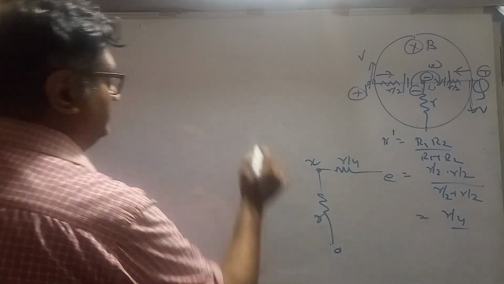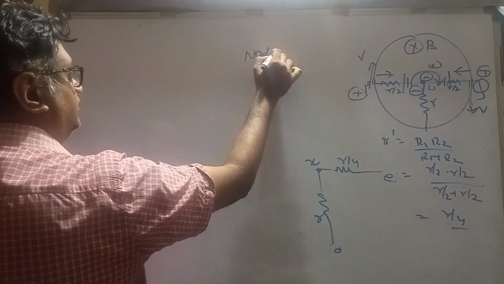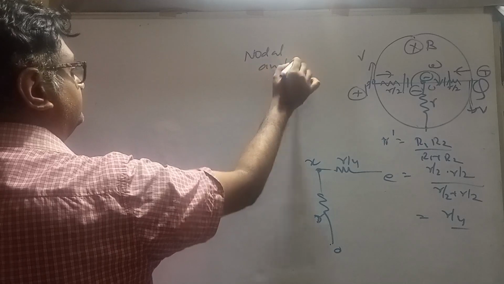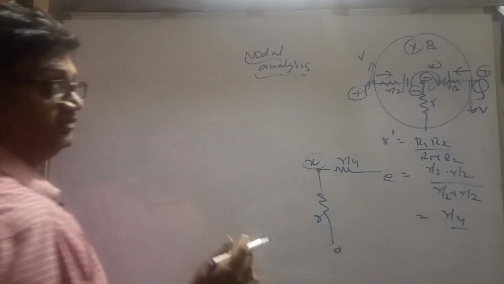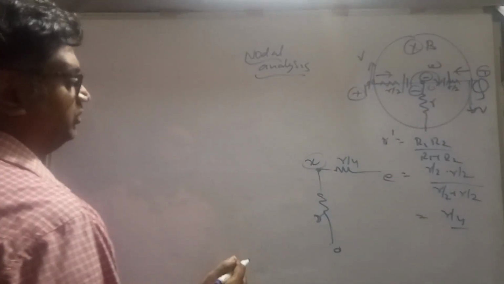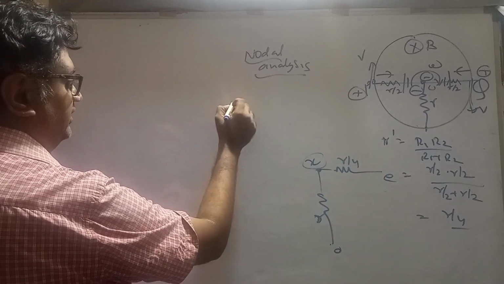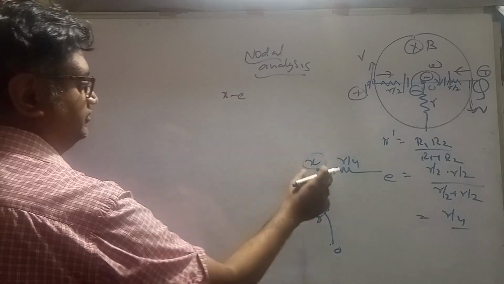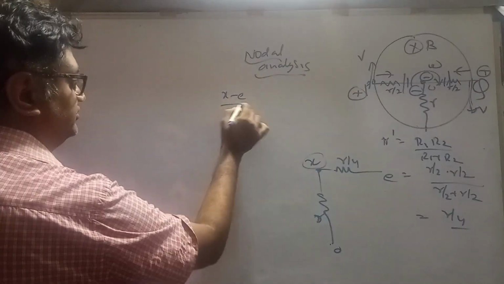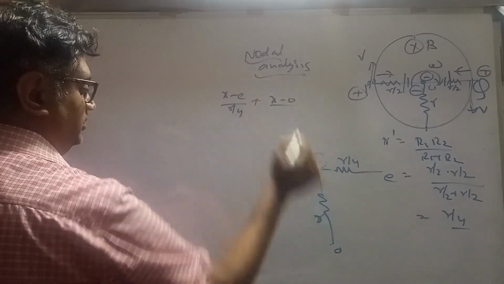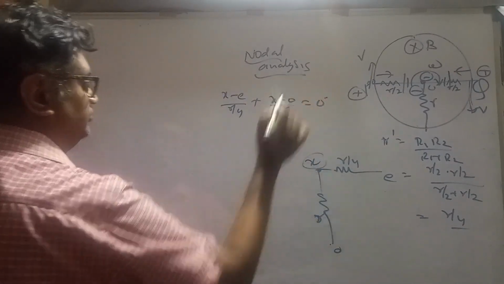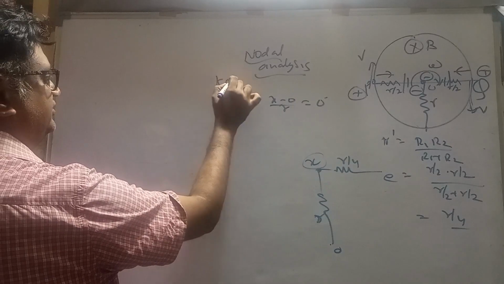So we can perform our nodal analysis. So we will assume that this potential is higher potential, that is the procedure we adopt in nodal analysis. So we can write like this. So difference of potential divided by resistance, that's the current, plus (X minus 0)/R is equal to 0. This is like you have applied KCL basically.